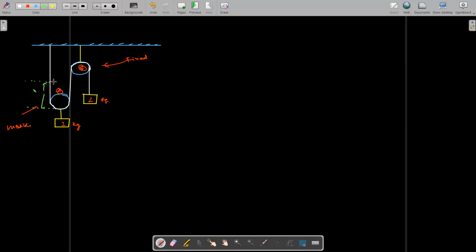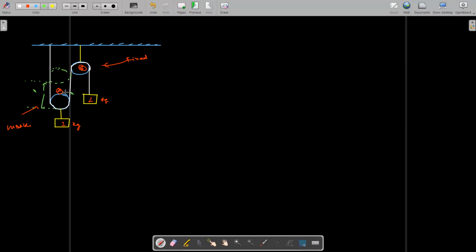So when we move the pulley up, the pulley is placed somewhere around here, and the string is displaced by a distance x here. If so, this side also goes up by the same distance x. That is, in total it will move 2x.